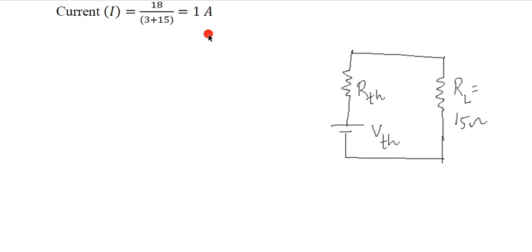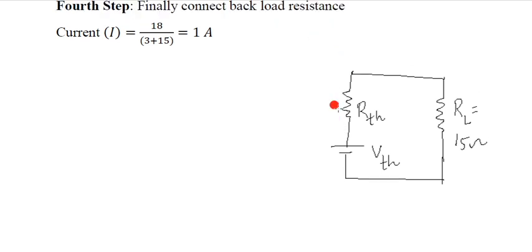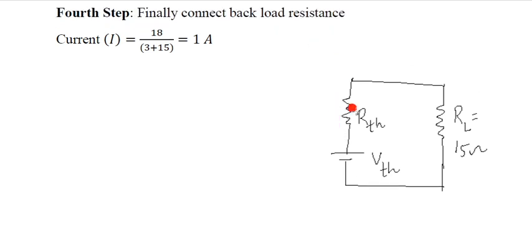There is a VTH and there is RTH, and we again return the load resistor that we removed in the first step. The resistance that we omitted, we have to return to the same position. And now you can easily find the current, because this RTH and RL are in series combination.